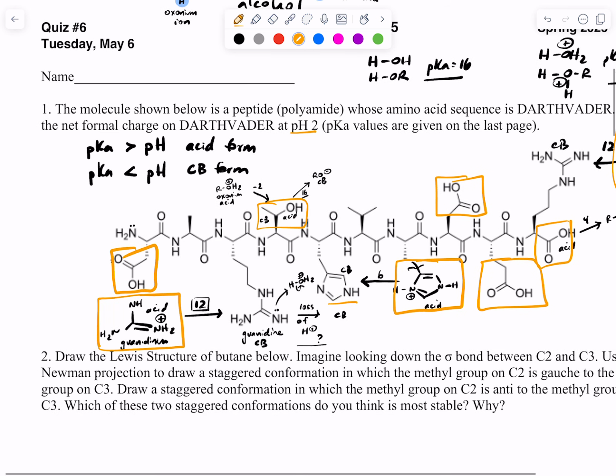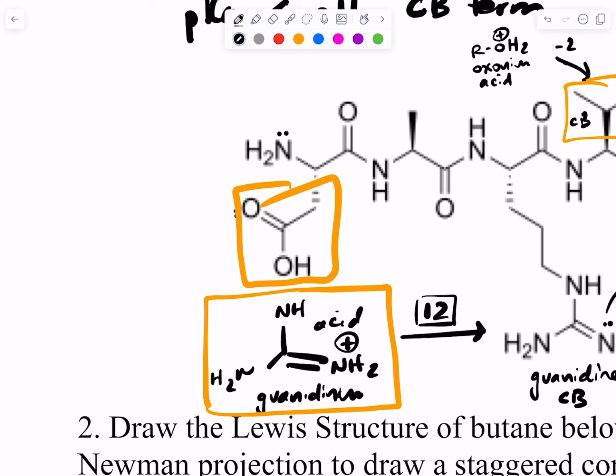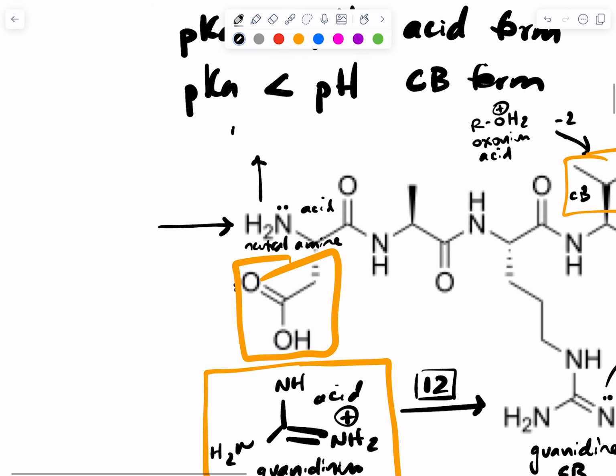What other one are we missing? The far left, you've got the amine. The amine is something that's like an alcohol. If you look in your table, the neutral amine can be the acid of a negatively charged conjugate base.